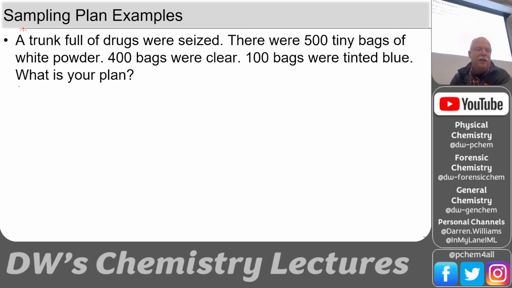So our plan for the clear is equal to 20 plus 0.1. And the clear ones are 400, right? So we have 400 minus 20. That's 380.